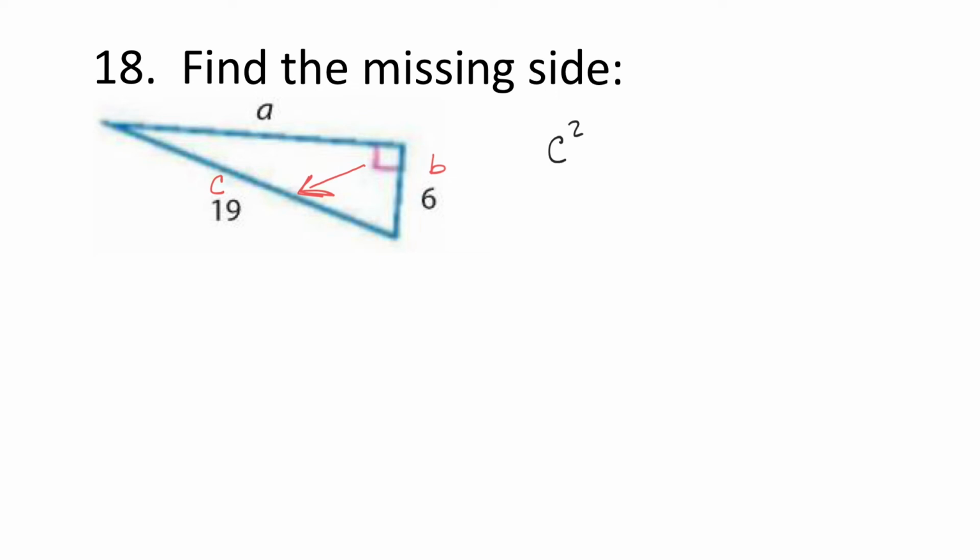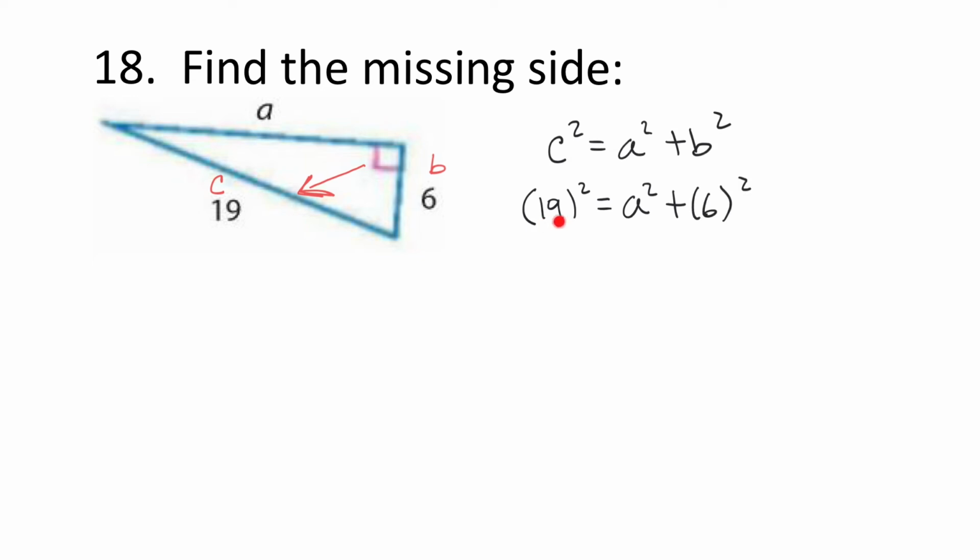Again, we're going to use the Pythagorean theorem because it is a right triangle. C squared equals A squared plus B squared, and I'm going to substitute the numbers I have. So I am going to have C squared, which is 19 squared, equals A squared. I don't know A, so I'm going to keep the A squared right there, plus B squared, which is 6 squared.